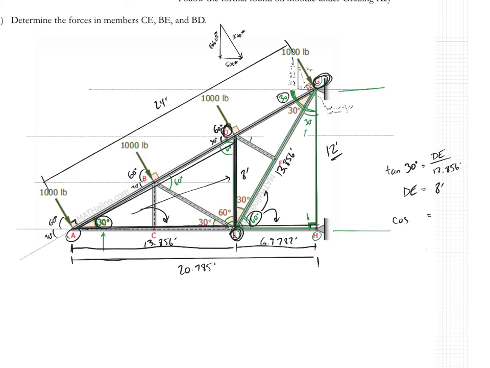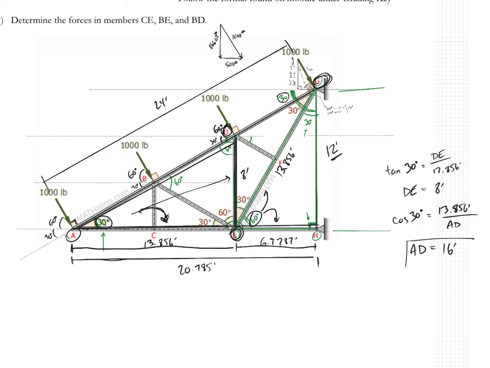Now if I want, I can use the cosine of 30 or the sine of 30. It doesn't really matter to get the distance from A to D. So the cosine will be the adjacent, 13.856 feet, over the hypotenuse, which is going to be AD. So AD equals 13.856 divided by the cosine of 30. AD is 16 feet.